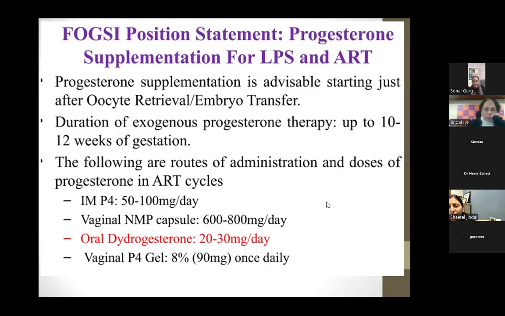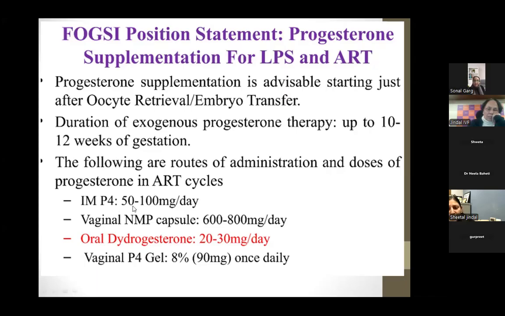So now the FOXY position statement on luteal phase support in ART is that progesterone supplementation is advisable starting just after oocyte retrieval, and they recommend continuing up to 10 to 12 weeks of gestation.